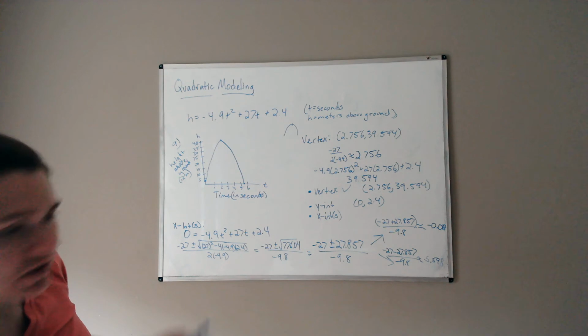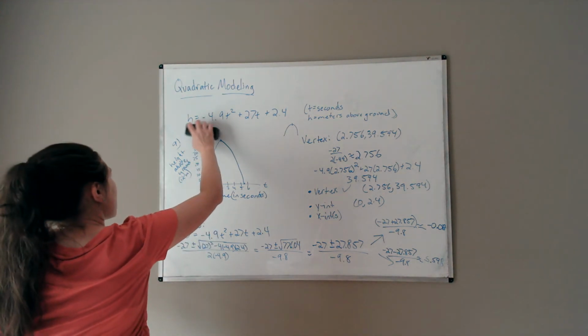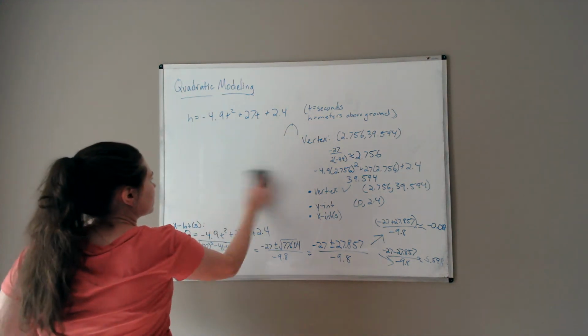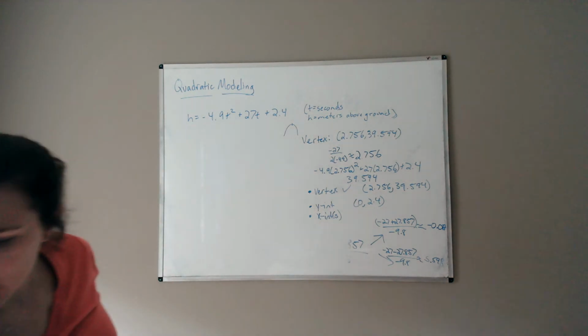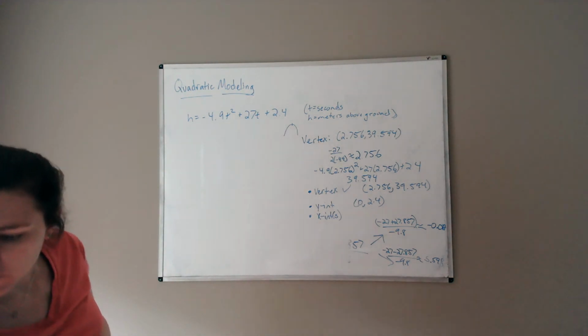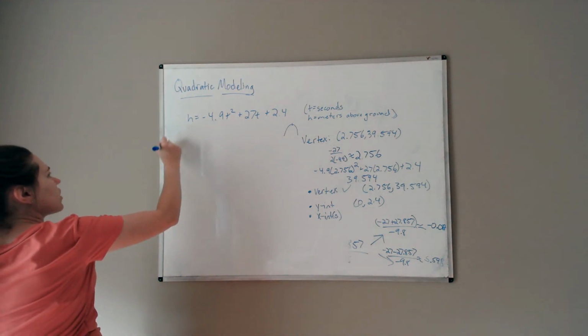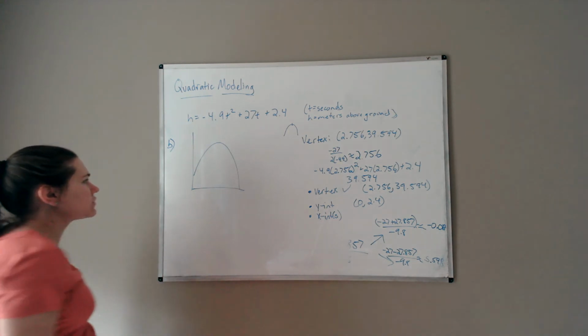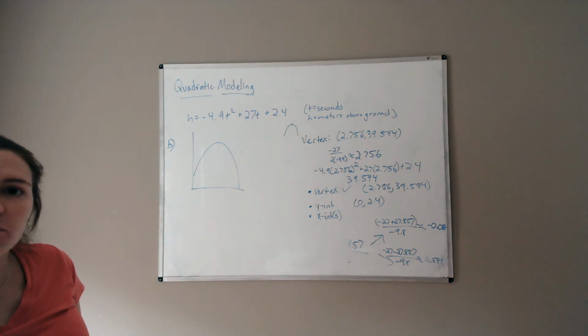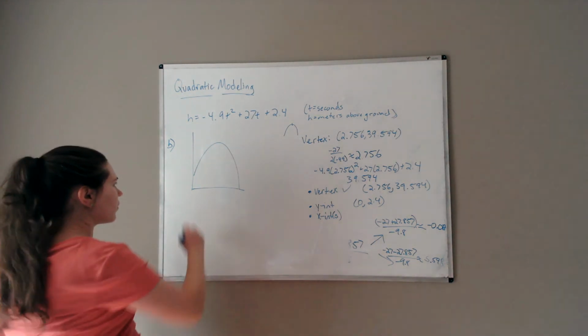So now, that's A, making the sketch. Now we're going to do B, and B says, how high off the ground was the water balloon when it was catapulted?